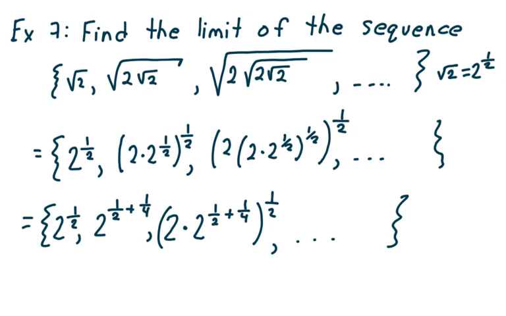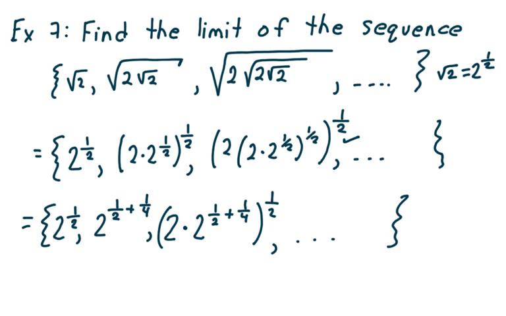The second term of the sequence can be written as 2 times 2 to the 1/2, all raised to the 1/2 power. The third term of the sequence can be written as 2 times the quantity 2 times 2 to the 1/2 to the 1/2, all raised to the 1/2. And so you can see that it gets pretty complicated.